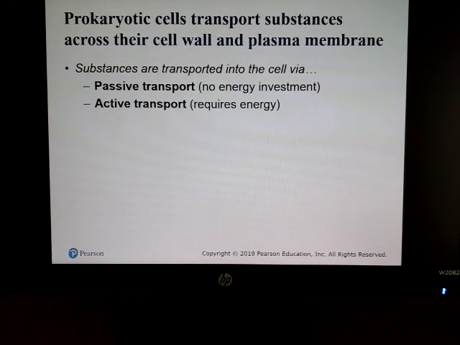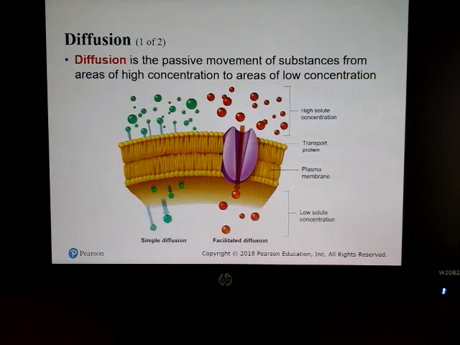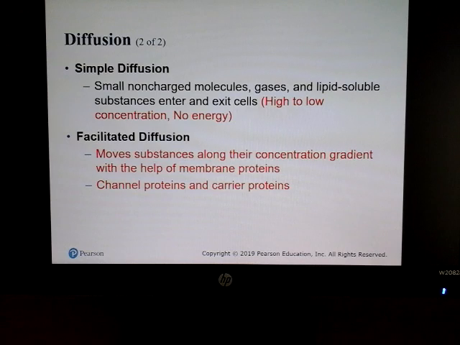So we're going to talk a little bit about diffusion, and we can have passive and active types of transport. Diffusion itself is the passive movement of substances from high concentration to low concentration. Let's talk about a couple of types. First type would be simple. Simple diffusion is when you move molecules from a high to a low concentration, no energy involved.